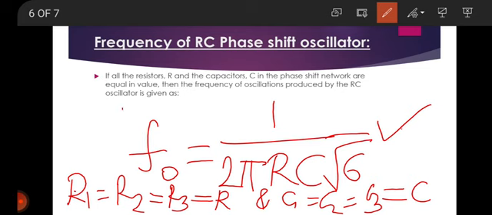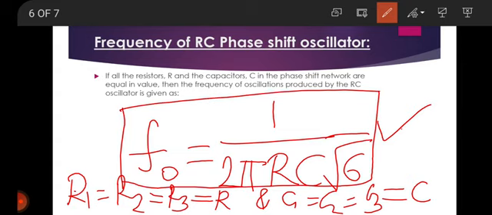So it is an important formula for problem solving.